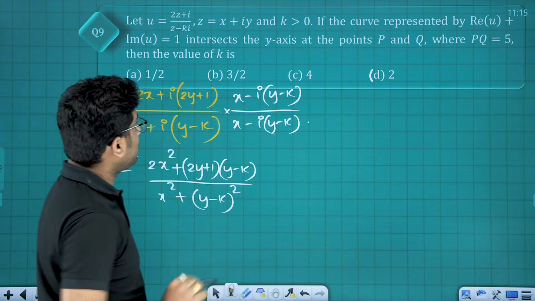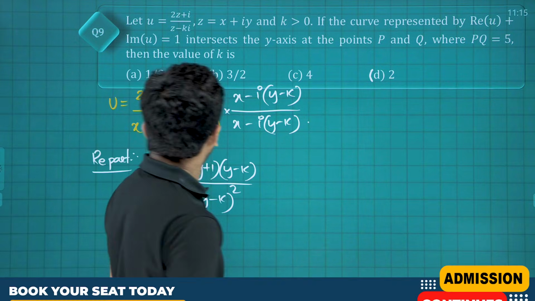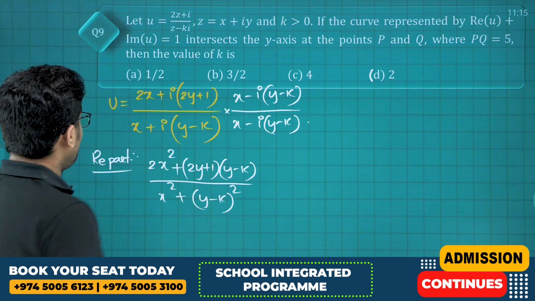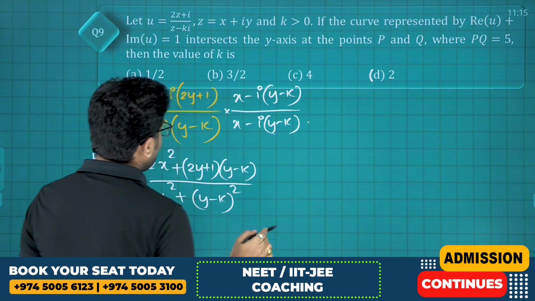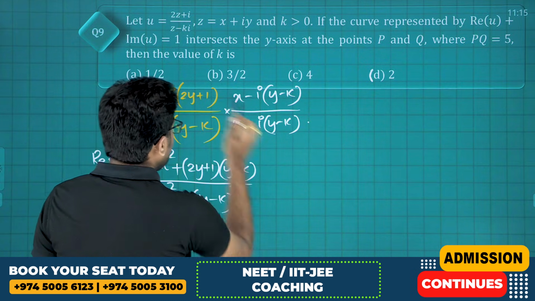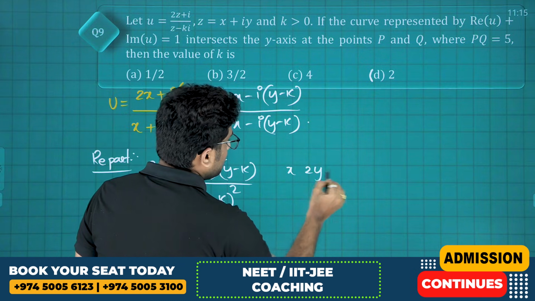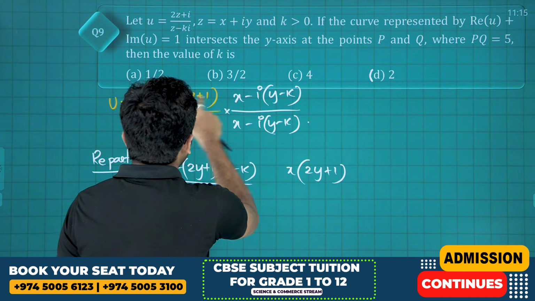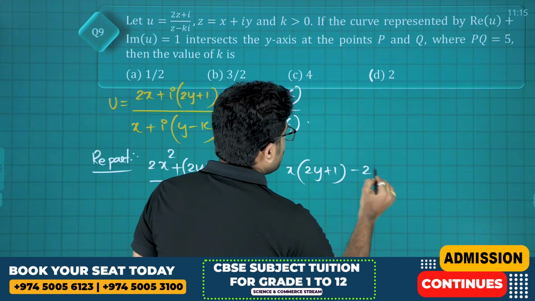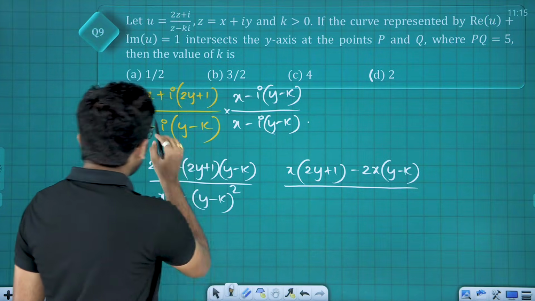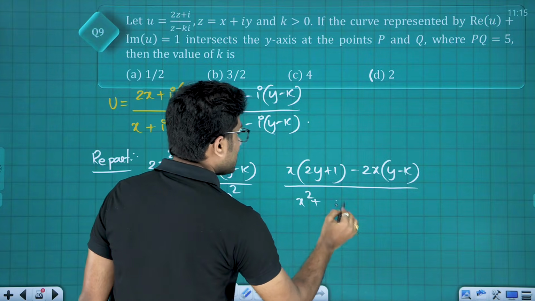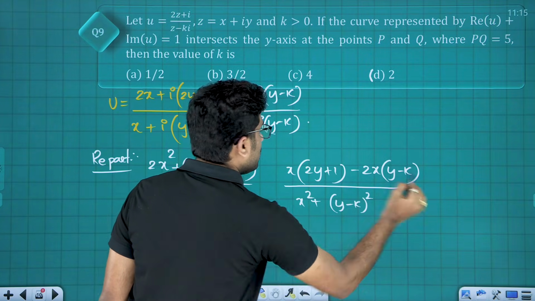This is the real part. Now what is the imaginary part? You will get the imaginary part from x into (2y plus 1) minus 2x into (y minus k), divided by x square plus (y minus k) whole square.